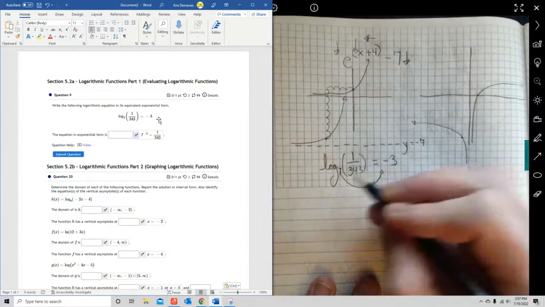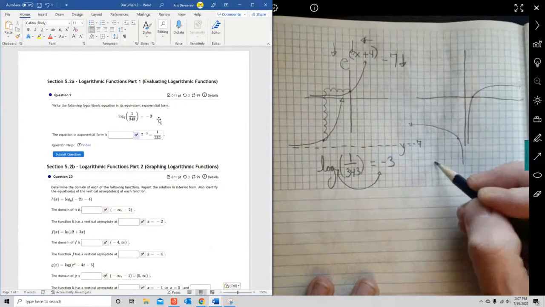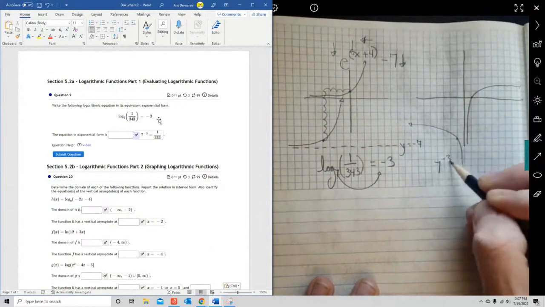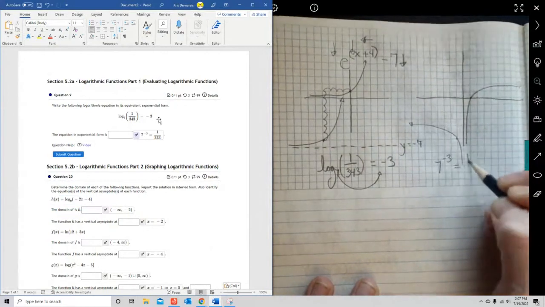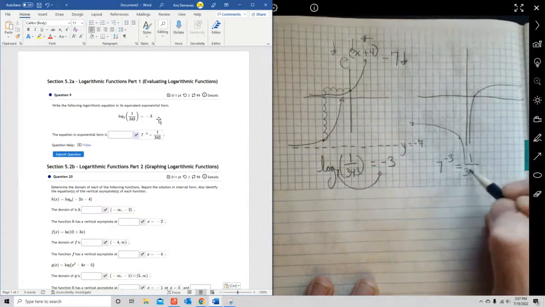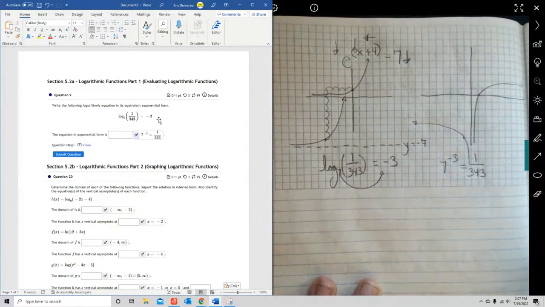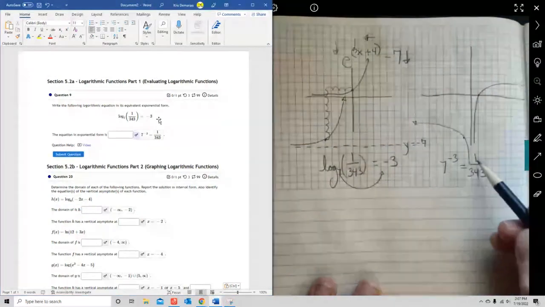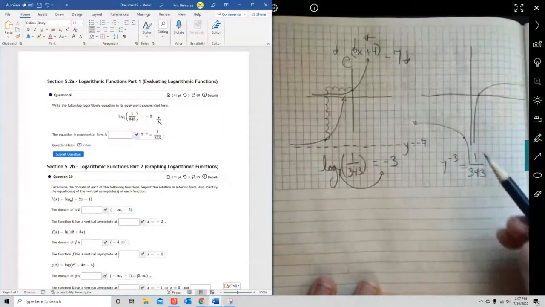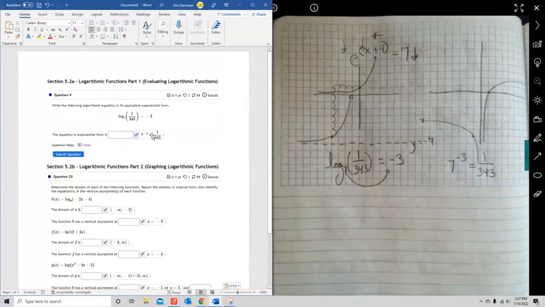We move the 7 over and make it become the base, and then we're going to set that equal to what we have here. And there becomes then our answer. Now, could you put it as 1 over 343 equals 7 to the -3rd? Yes, you could. But here it is, what we're expected to have.